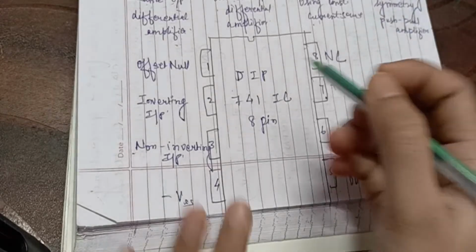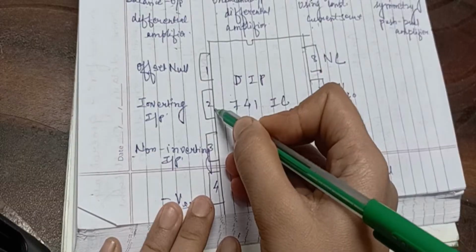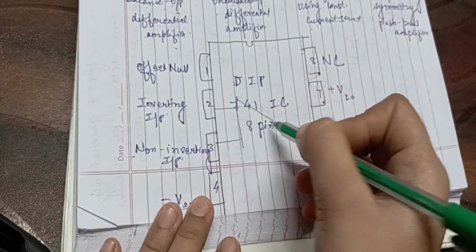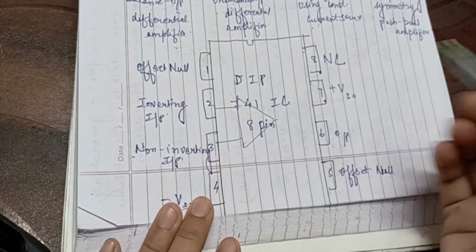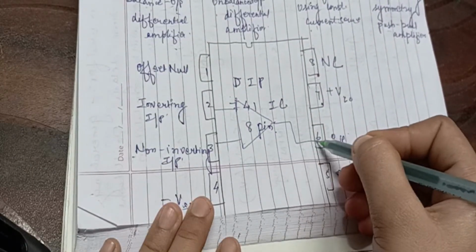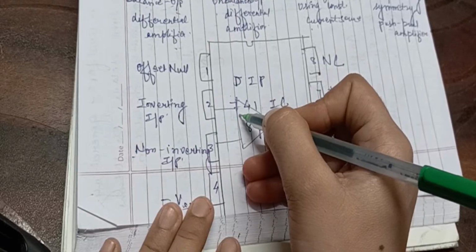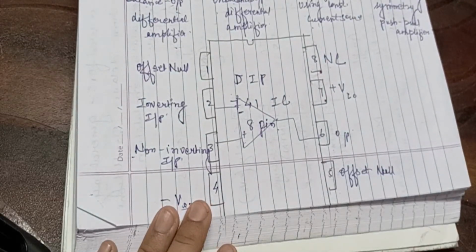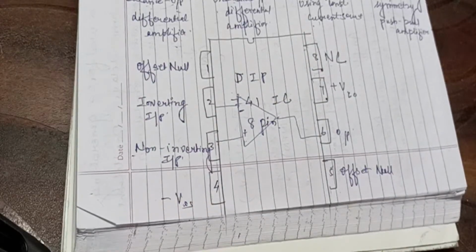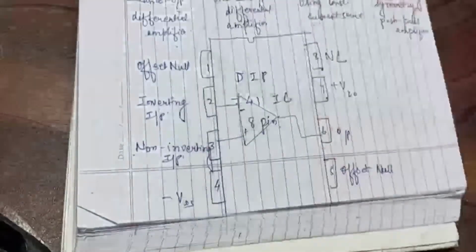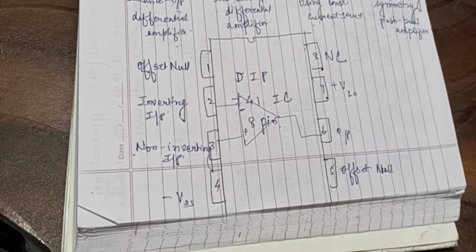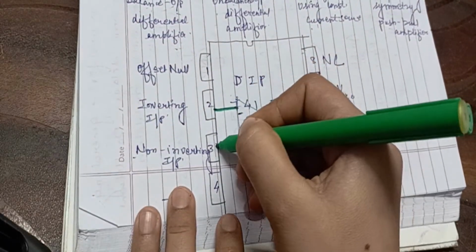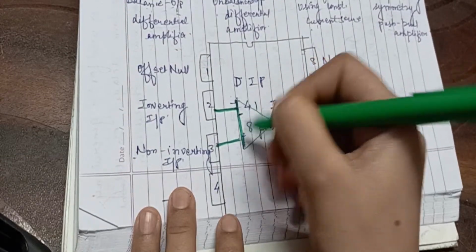So if we try to draw one op amp, it will look like this, with the output here. Inverting means negative, non-inverting means positive. Let me make a sketch so that you will be able to see properly. It is like this.